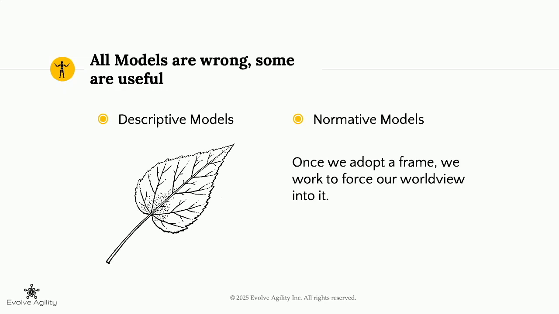In other words, no matter how well I describe something that exists in the real world using a model, that model will never be complete. To put it differently, if I want to create a leaf, I have to create the whole leaf. In other words, when the model and the artifact are the same, I've essentially grown this leaf, not drawn it, not taken a picture of it. That's a descriptive model.